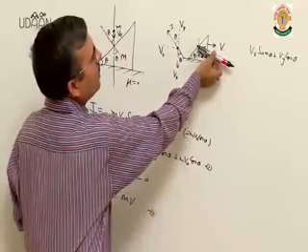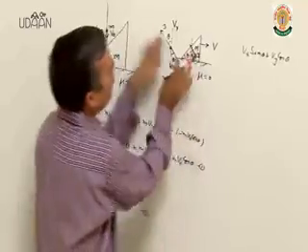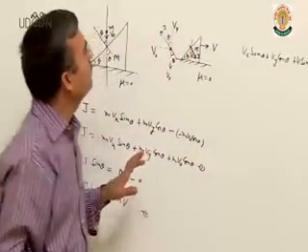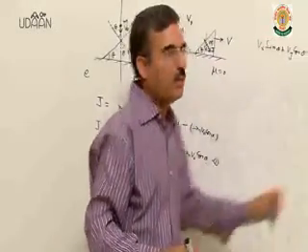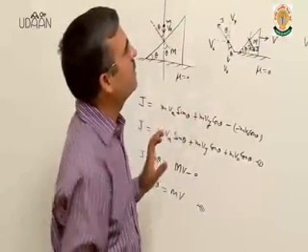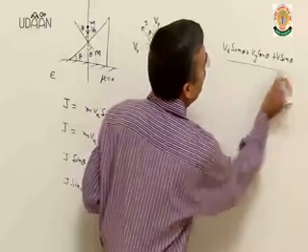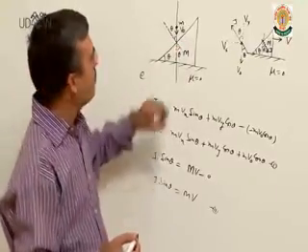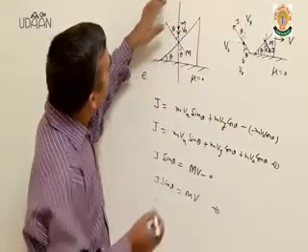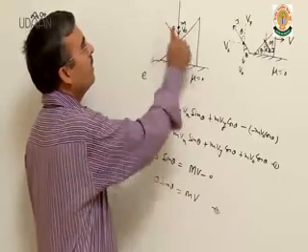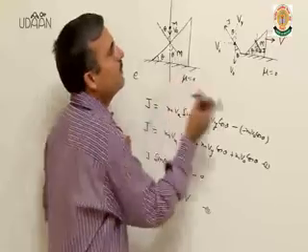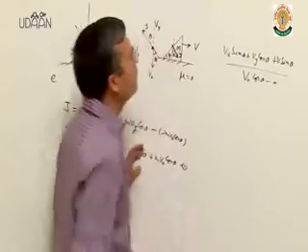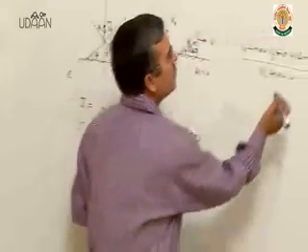Its component along the normal will be V sin theta. Both are opposite, so positive.